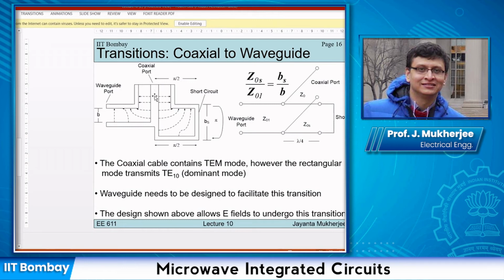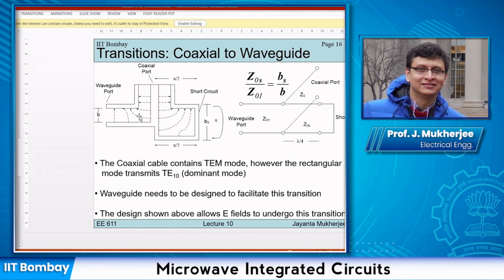So in a coaxial cable, the electric fields are radial, whereas the magnetic fields are concentric about the central conductor. Now, this is connected at a distance from the end of the waveguide, usually at an electrical length of pi by 2. Why it is pi by 2, it will become clear.